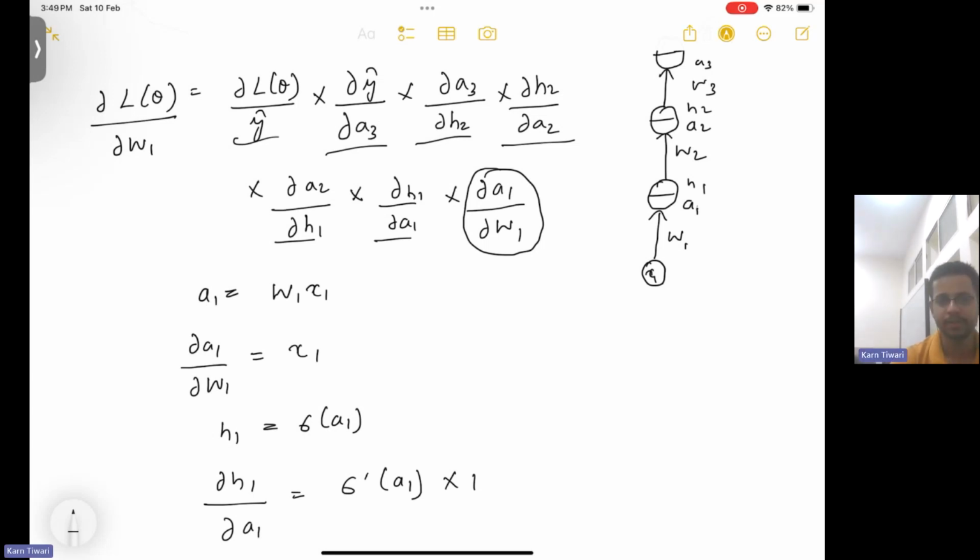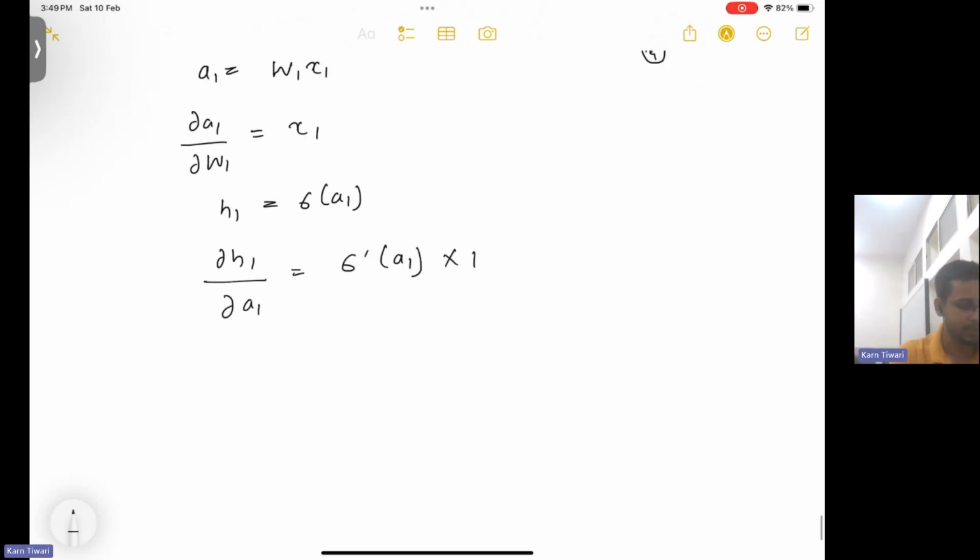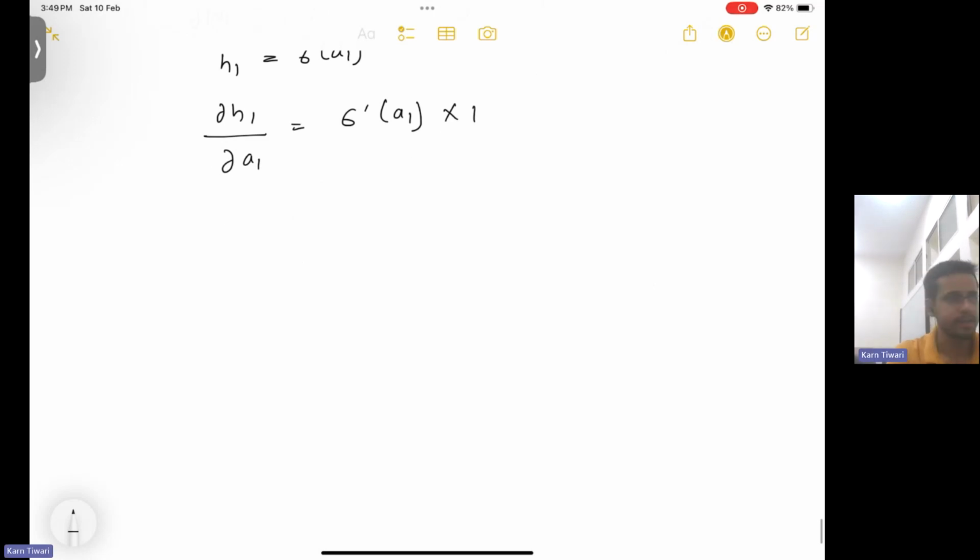You should just know how to do backpropagation, but literally you won't get any problem asking you to calculate the gradient manually. If you get it, then it's easy. It's not something hi-fi.